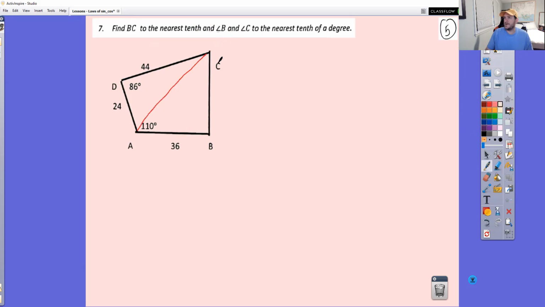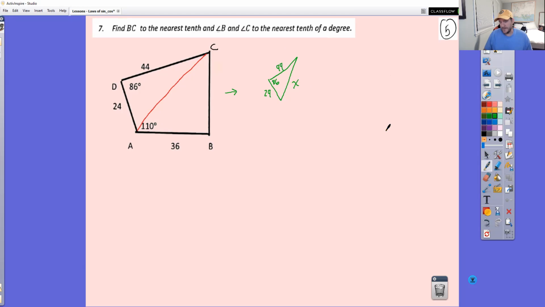It's such a stupid place for it. Okay, put that C there. And so by making that first slice, we're now just dealing with this little triangle DAC, where this side is 24, this side is 44, this angle is 86, and we're trying to solve for segment AC, which I shall call X.